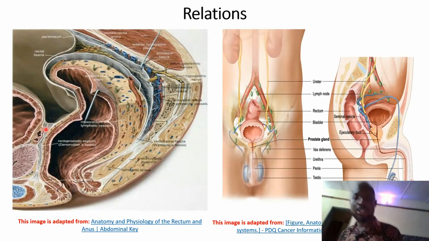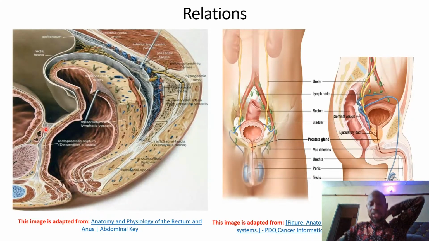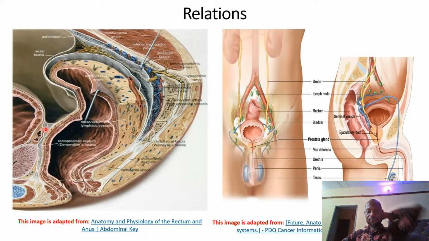They lie below the level of the rectovesical pouch. For the female it's different.